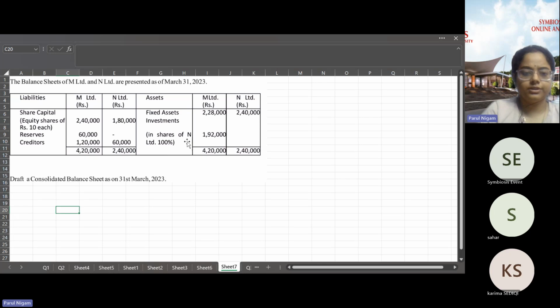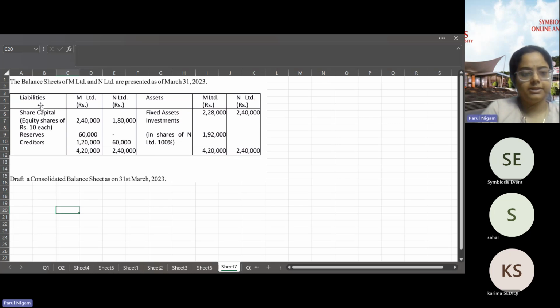Then investment in shares of N Limited, 100%. M Limited has invested 100% into N. It is 1,92,000. Sorry, the face value is 1,80,000. So the 12,000, I believe, will be the market appreciation. The face value is 1,80,000 and the remaining is your market appreciation.